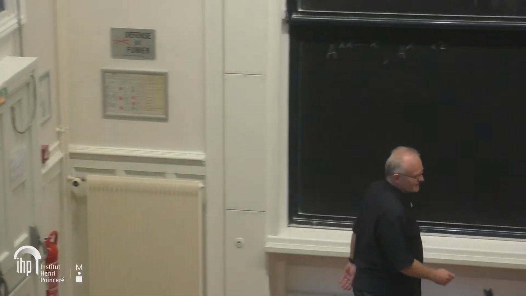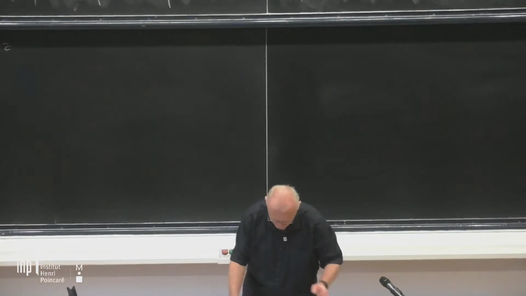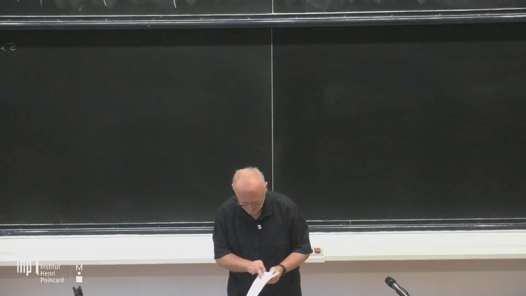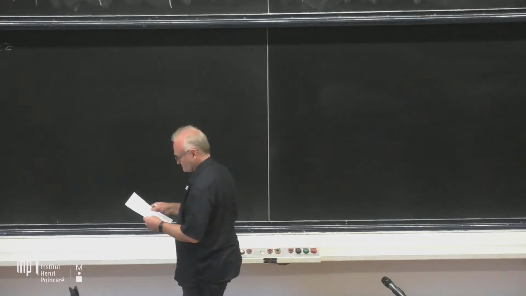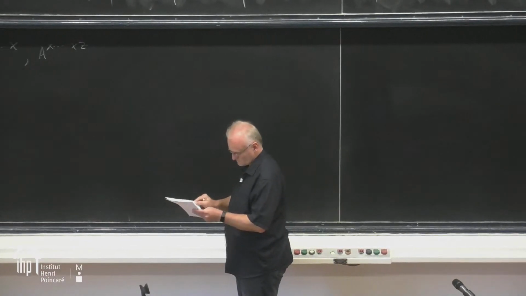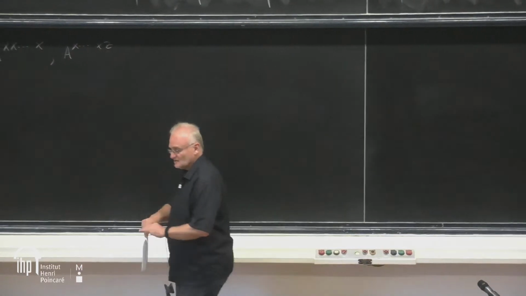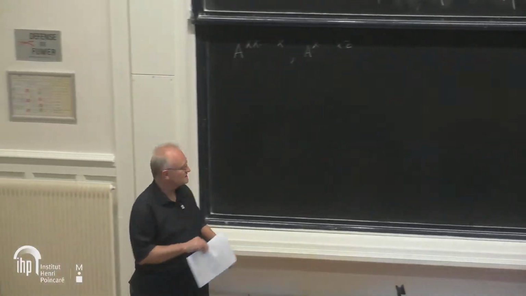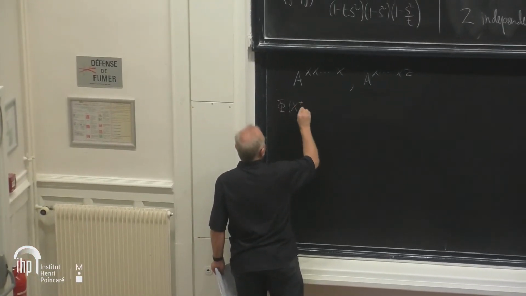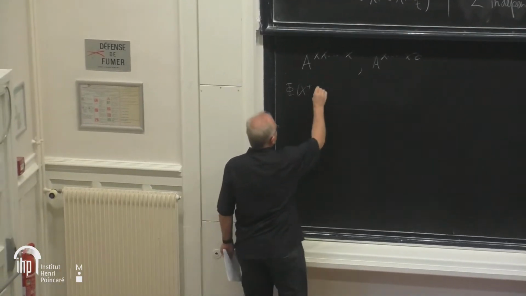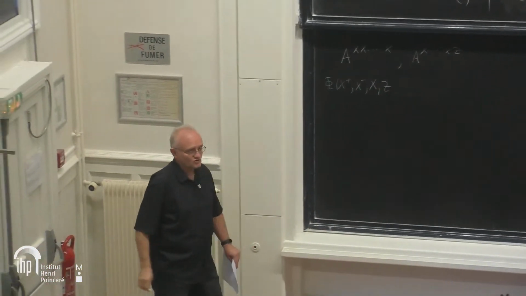And now I am going to repackage things in a way that turns out to be convenient with hindsight. We're going to introduce a new field, phi. This is going to be a function of x plus, x minus, x, z. So those are the AdS4 coordinates.